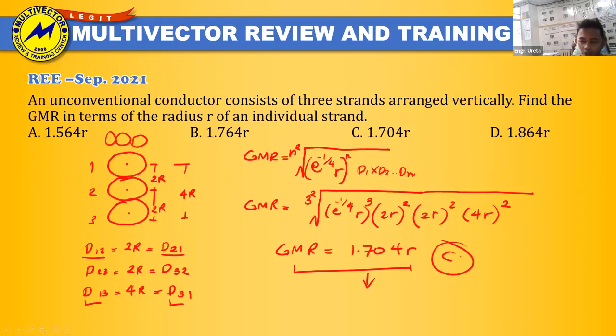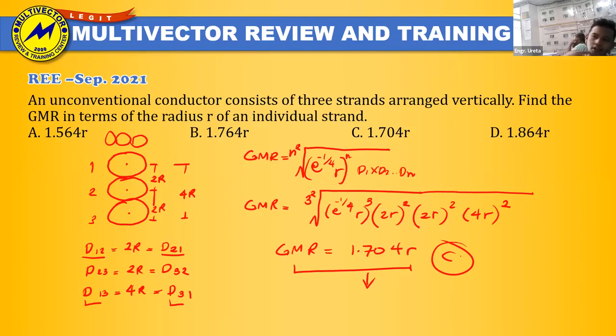Ibig sabihin nun, kahit na may ganyang GMR value, kailangan yung drawing o yung tinatanong sa problem is nakatayo or nakahiga. Kapag triangularly arranged, diamond, etc., hindi na ito yung tamang sagot doon. Kaya wag basta-basta lulukswamin tong tanong na to. Tatandaan nyo yung 1.704 na yan kapag vertically or horizontally arranged yung conductor, which is 3 pins.